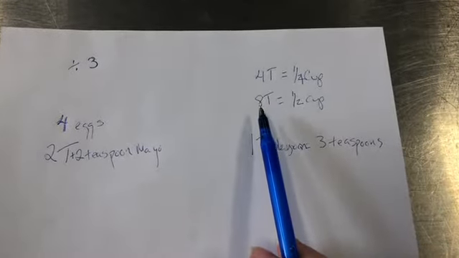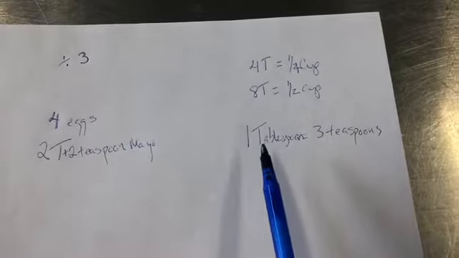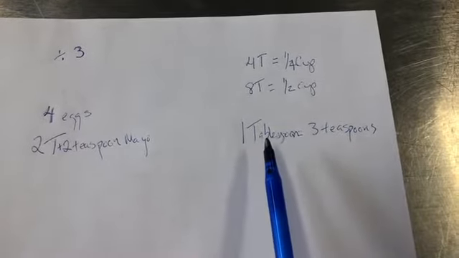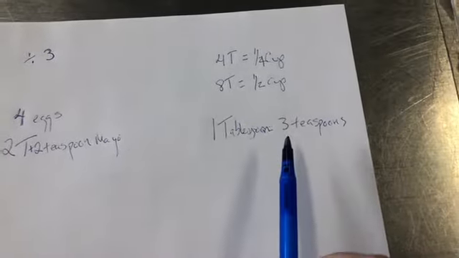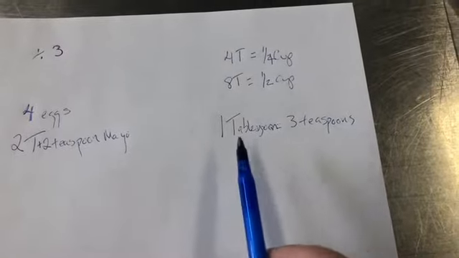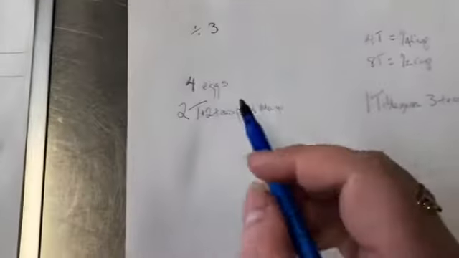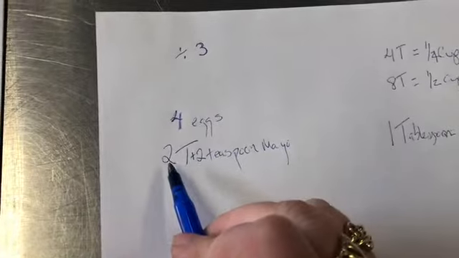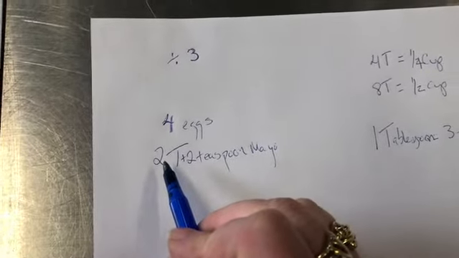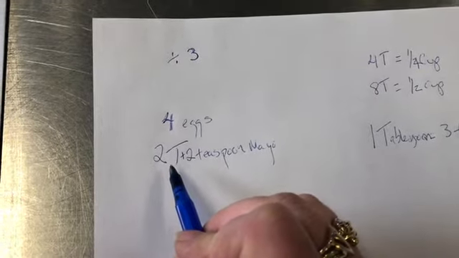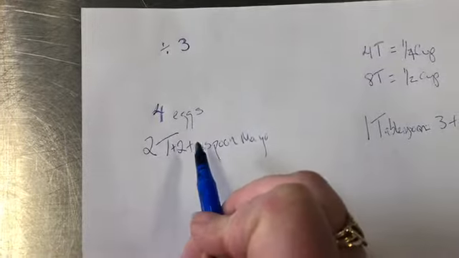So 2/3 of a tablespoon equals 2 teaspoons because there are 3 teaspoons in 1 tablespoon. So our end result is a 1/2 cup of mayonnaise divided by 3 equals 2 tablespoons plus 2 teaspoons of mayo.